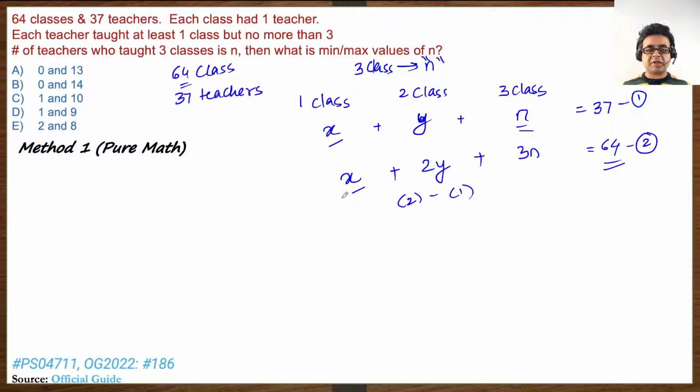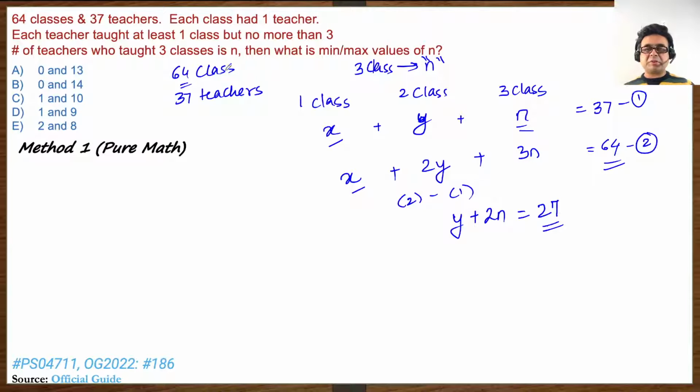So x minus x cancels off. 2y minus y is y, plus 2n equals 27. Right? So the number of teachers who are teaching 2 classes plus 2 times the number of teachers who are teaching 3 classes equals 27.